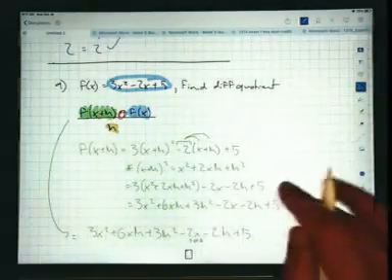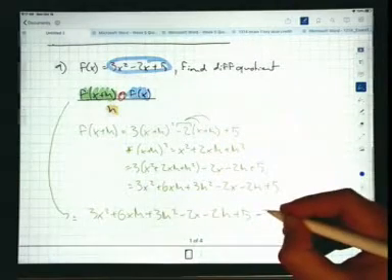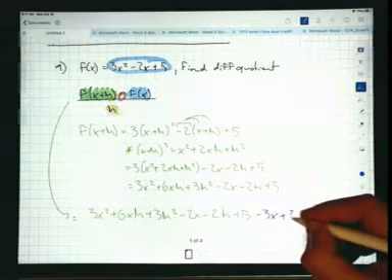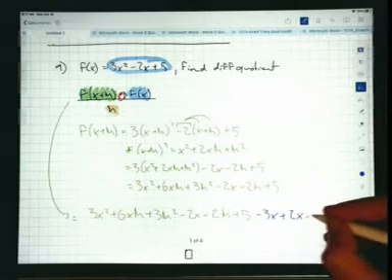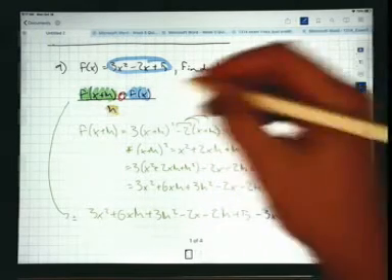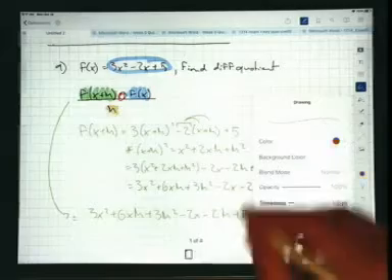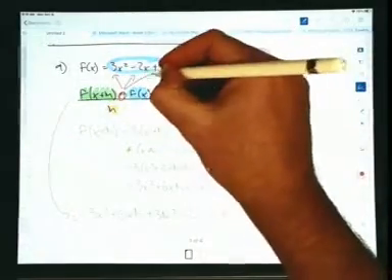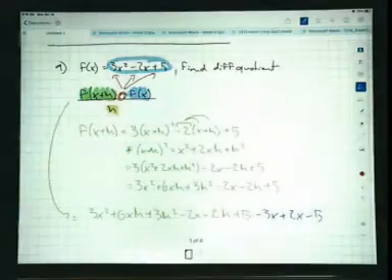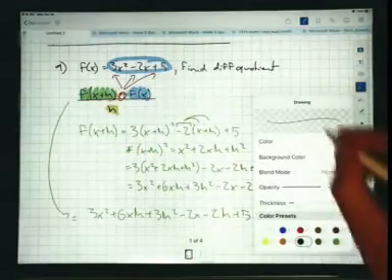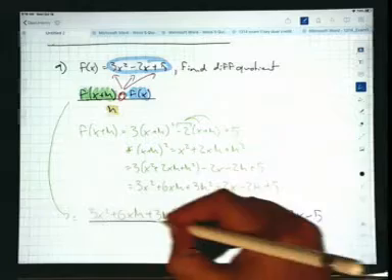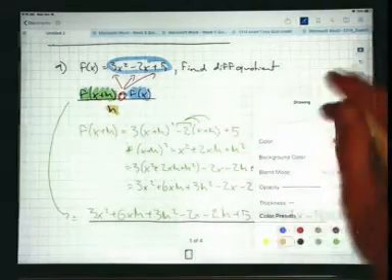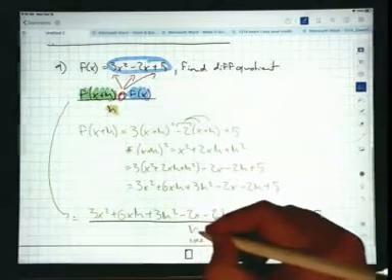So we actually get a minus 3x squared plus 2x minus 5, because that minus sign will distribute to all 3 terms of f of x. And this is all over, one last time for color, h.